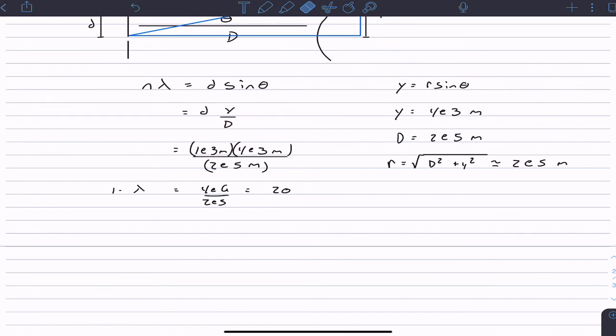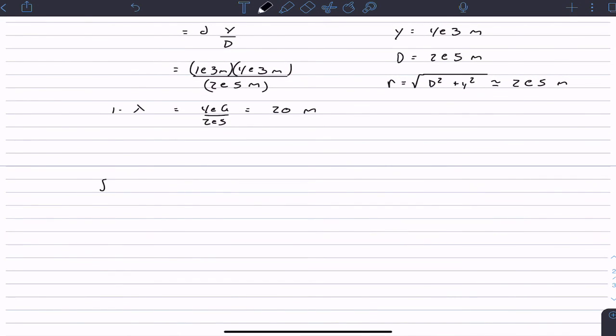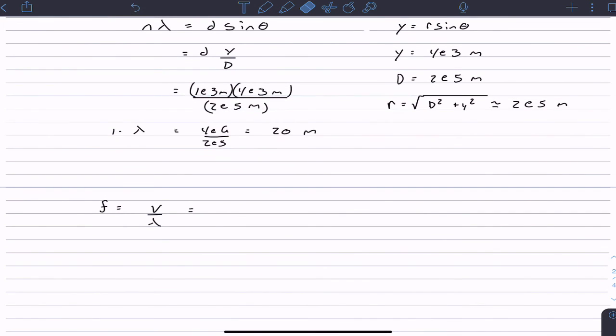That's how long your wavelength is. Just one wavelength. Okay, and then we had this relationship here, v over lambda, where we can find the frequency. Remember, this is a radio wave, so we're talking about the speed of light. So this ends up being 3e8 meters per second over, what was it?